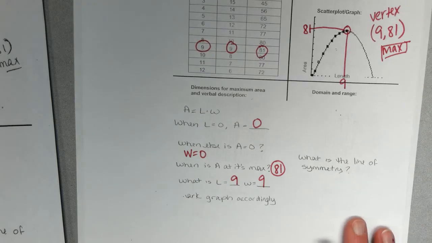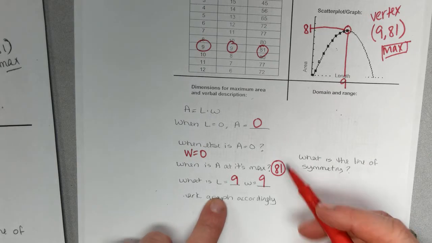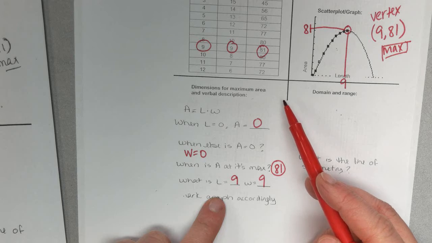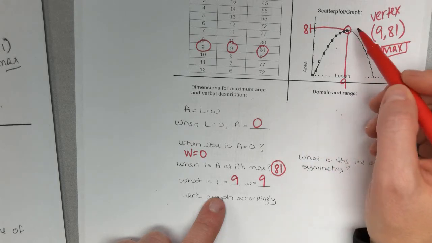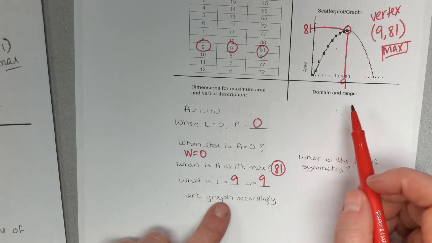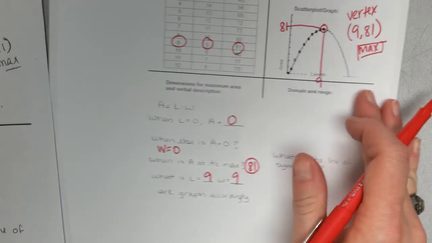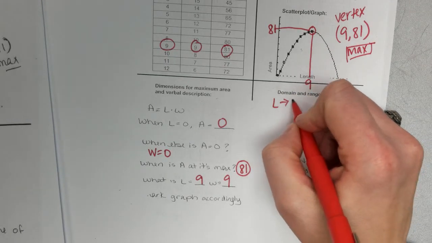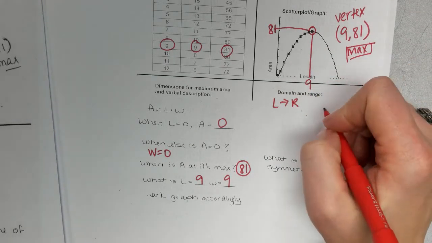So let's look here. We did the dimensions for the maximum. That's the vertex, it's your max. Okay? And then your domain and range. Okay, so we have to go left to right for a domain. It's your X values.